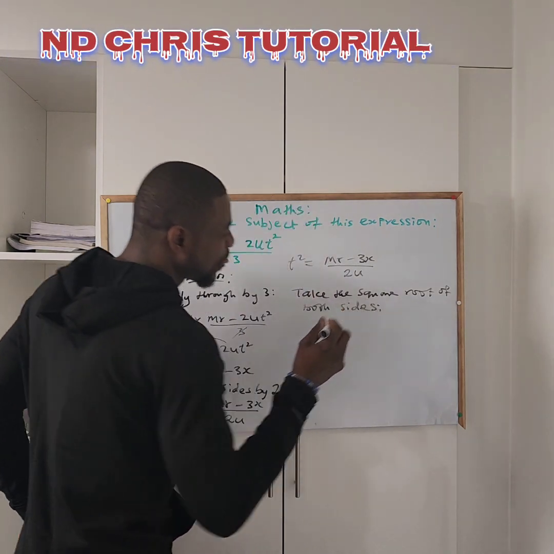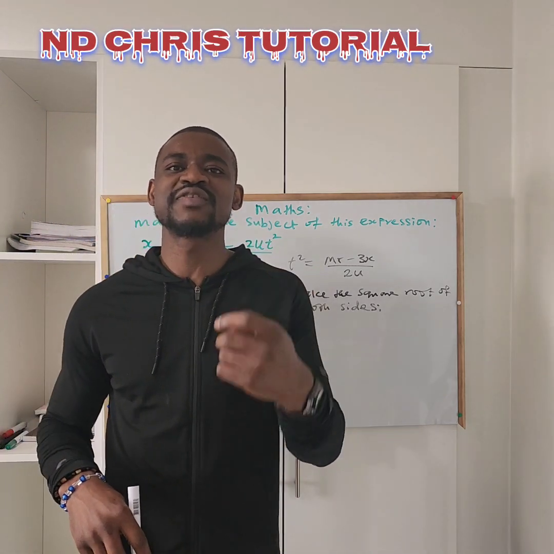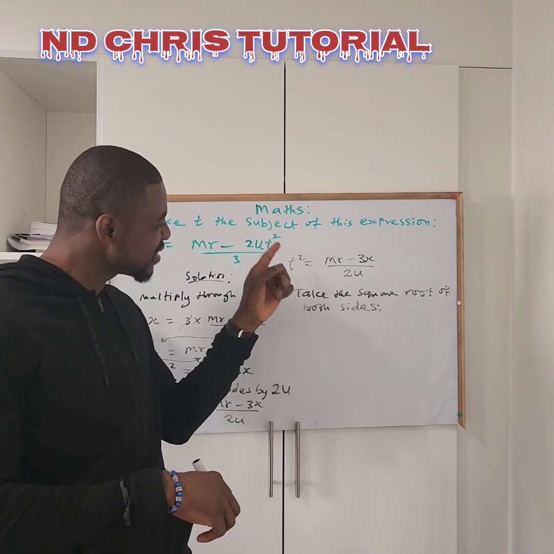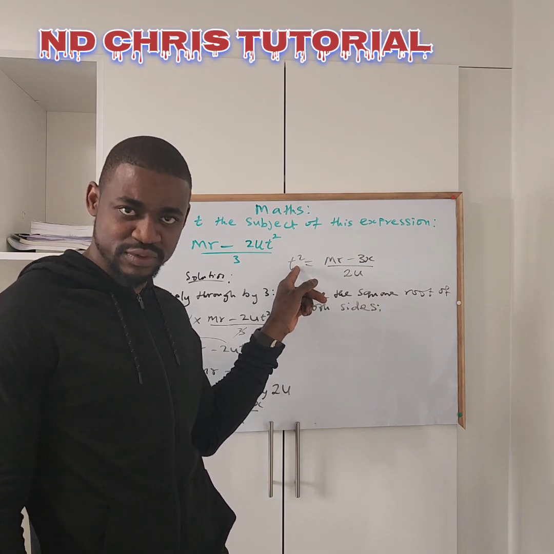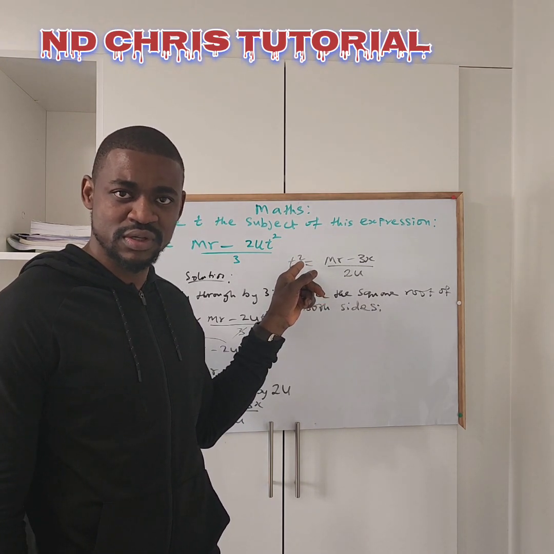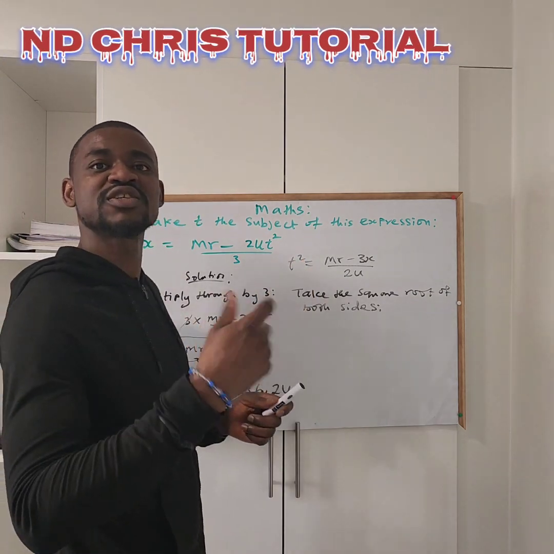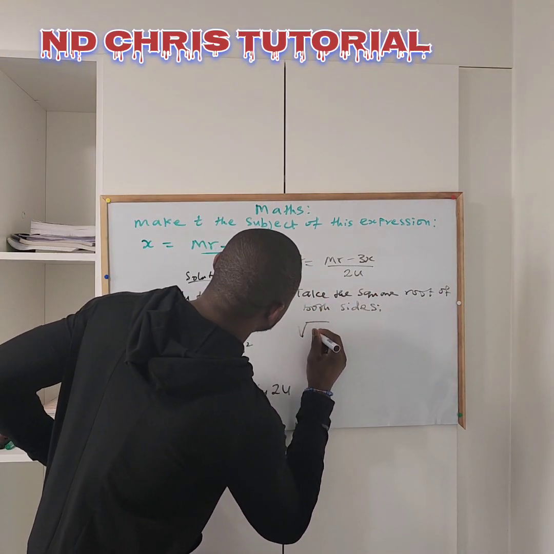Take note of that. Whenever I want to remove a power, introduce the root of that power. In this situation, our power is 2, so we introduce square root. If your power is 3, what do you introduce? Cube root. If it is 4, introduce what? Fourth root.